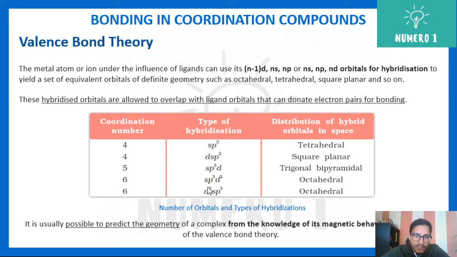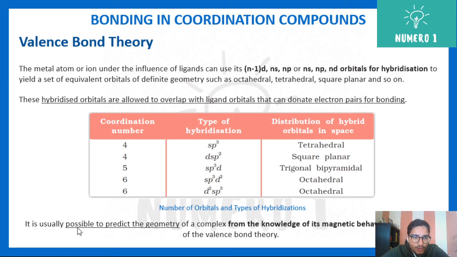Then this is your inner orbital complex, that is 3d, 4s and 4p, so that will be your octahedral. It can be different also, as we can increase the principal quantum number to higher values as well. This one here is also known as an outer d complex. This one is known as an inner d complex because we are using the inner d orbital. We will talk about it shortly.